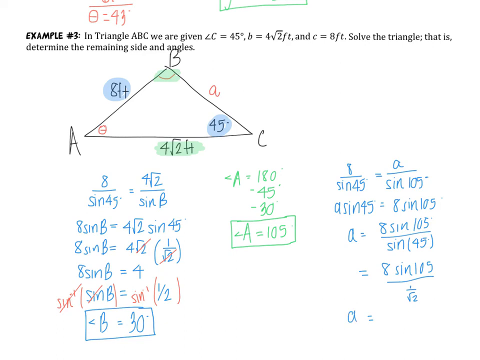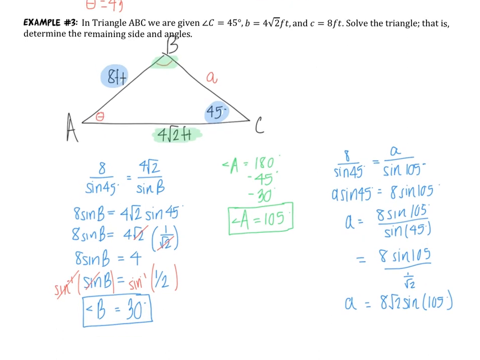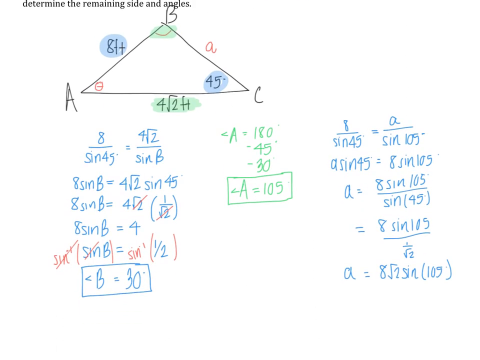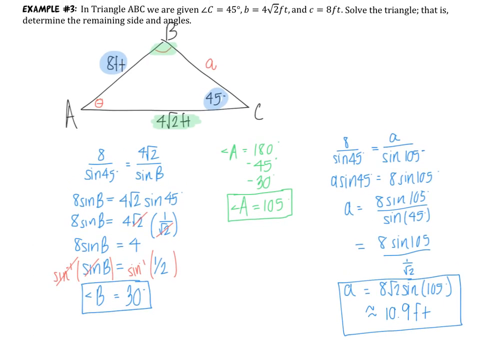So we get the exact answer to be 8 root 2 sine of 105 degrees. That's the exact answer. And the approximate answer, if I put it into my calculator, would be 10.9 feet. And just like that, we have solved this triangle. We now know all side lengths and all angles.